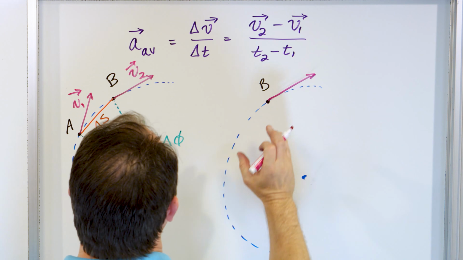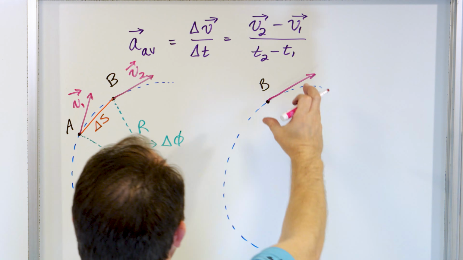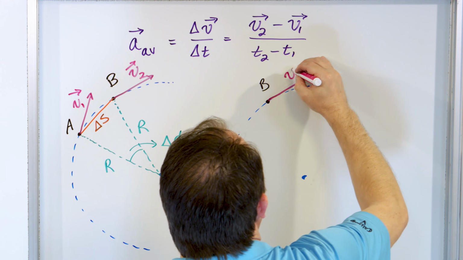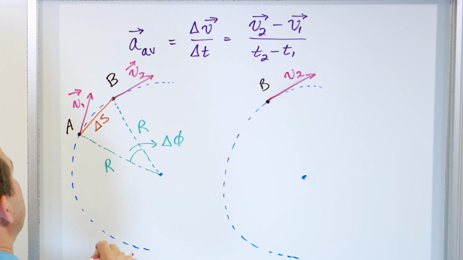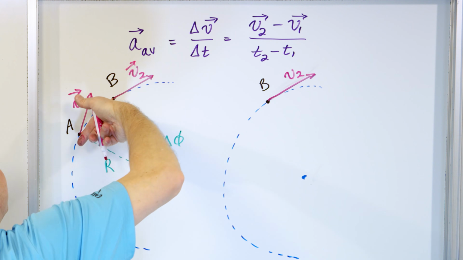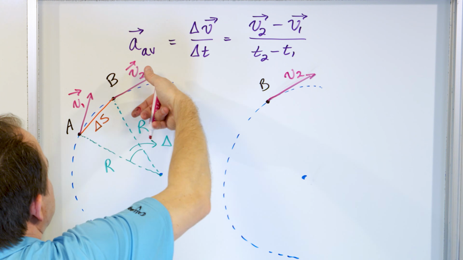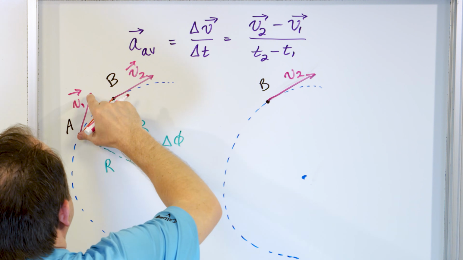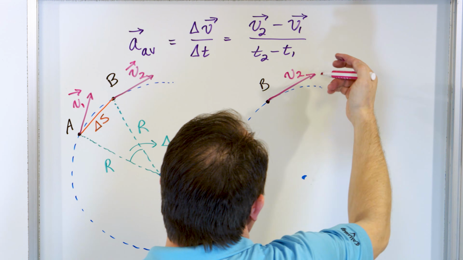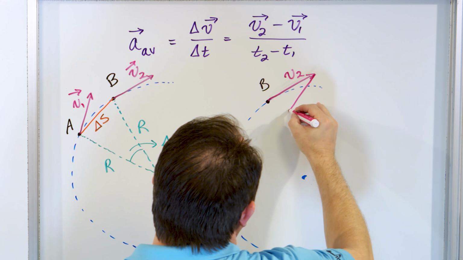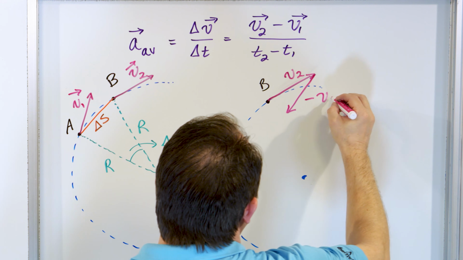That's pretty close. It's not exact, but you get the idea. This is v2. So if we want to subtract v1, we have to flip around the direction of v1, because that makes it negative v1, and then we can put it head to tail. So if we take this and flip it around and then move it over here, it's going to be pointed like this. This is negative v1.